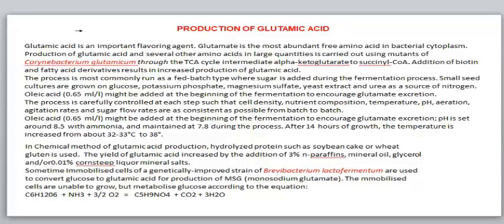Now, similarly, glutamic acid is a very important flavoring agent, the most abundant amino acid present in bacterial cytoplasm, produced by Corynebacterium glutamicum through the TCA cycle.